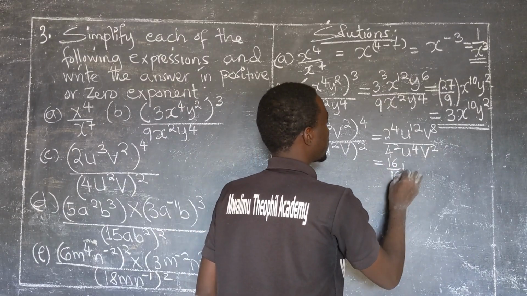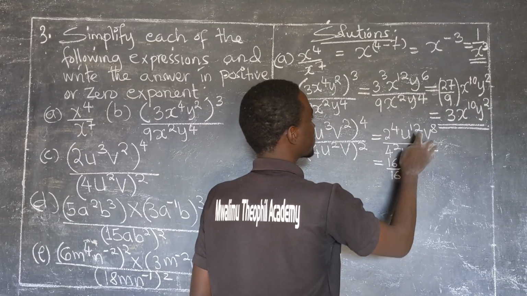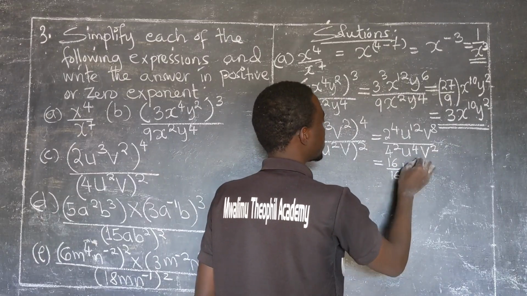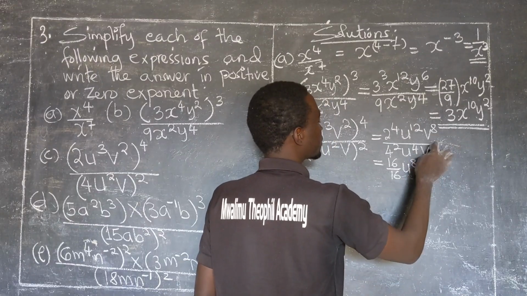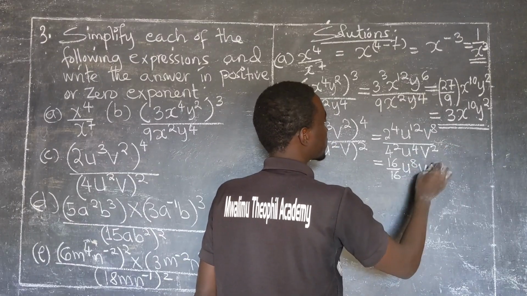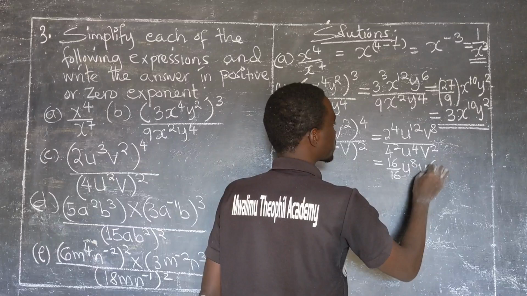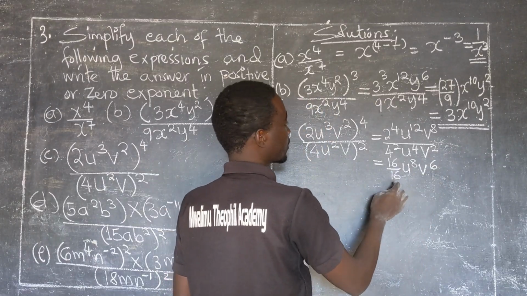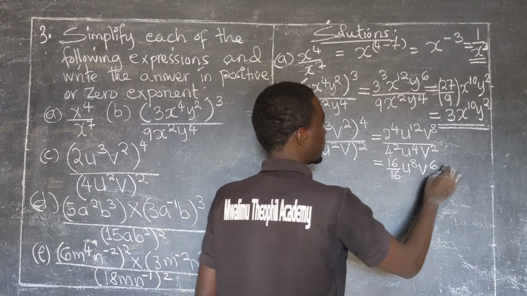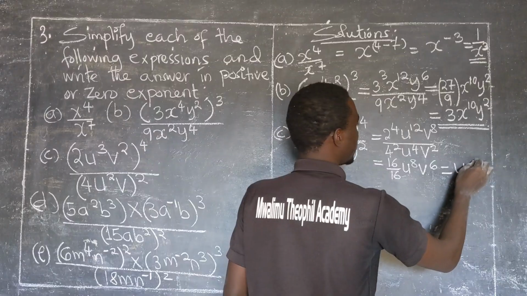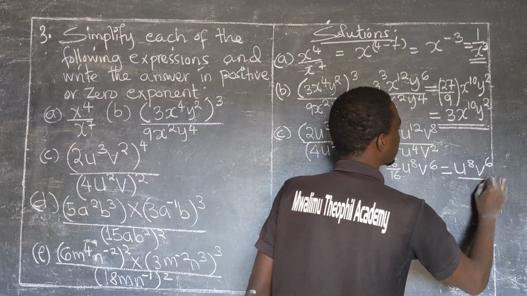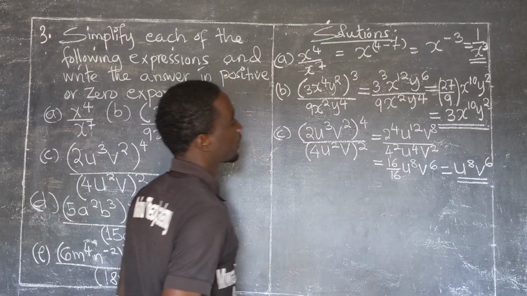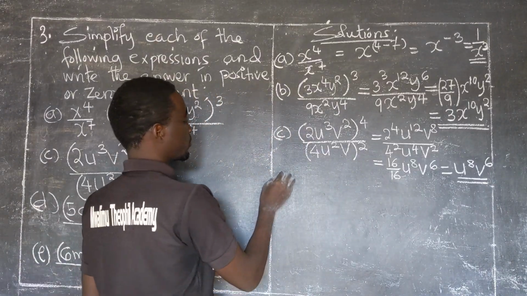U and u, we take one u. As it is division, we subtract the exponents. 12 minus 4, we get 8. V and v, we take one v. As it is division, we subtract the exponents. 8 minus 2, 6. 16 divided by 16 is 1. Now the final answer becomes u raised to 8 times v raised to 6. This is the answer.